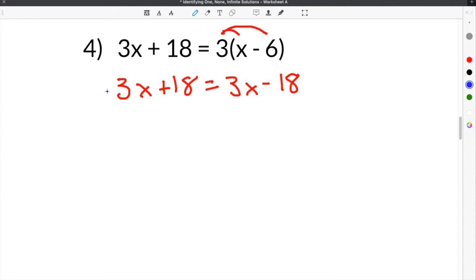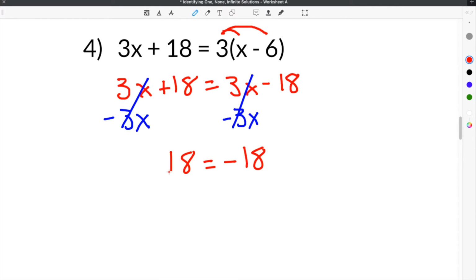The next step is to get all the constants on one side together. So we're going to subtract this 3x over here, and we're also going to subtract this 3x over here. When we do that, these x's cancel, and these x's also cancel. We're going to bring down the 18 on this side, and on this side we have negative 18. So our solution is 18 equals negative 18.